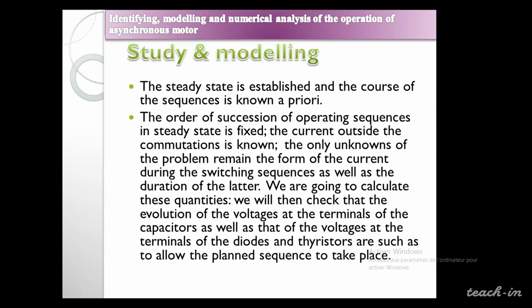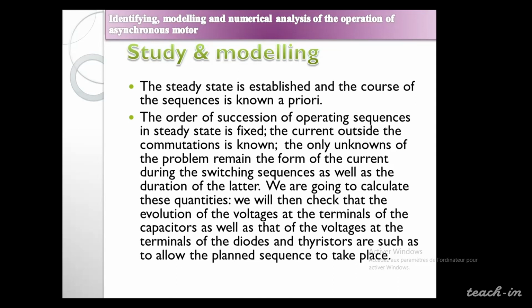The steady state is established and the course of the sequences is known a priori. The order of succession of operating sequences in steady state is fixed. The current outside the commutations is known. The only unknown of the problem remains the form of the current during the switching sequences as well as the duration of the latter. We are going to calculate these quantities.